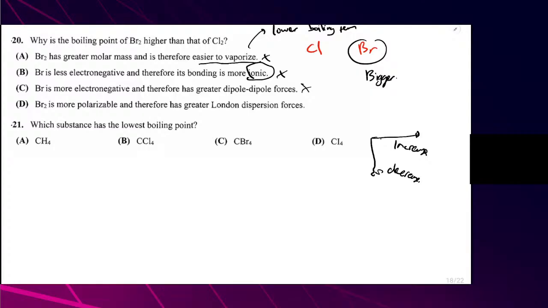Now we only have option D. Br2 is more polarizable, therefore has greater London dispersion force.